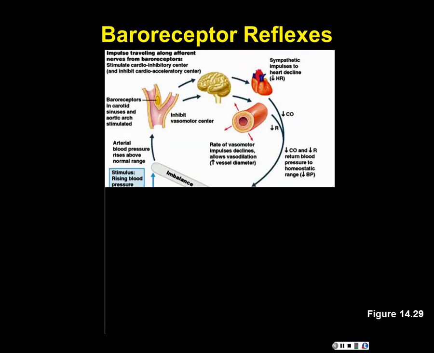If we look at the scenario, we've got a little homeostasis seesaw. If our blood pressure becomes too high, which autonomic nervous system subdivision should be turned on and which one should be turned off?